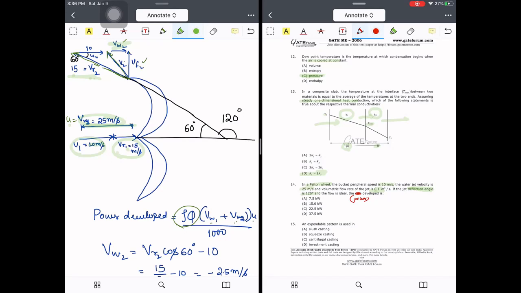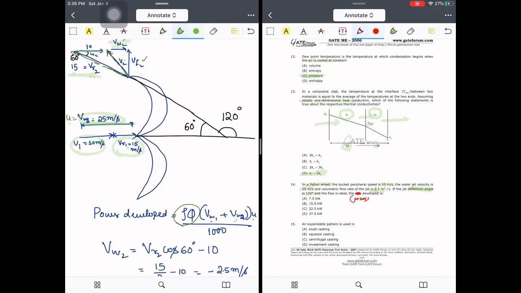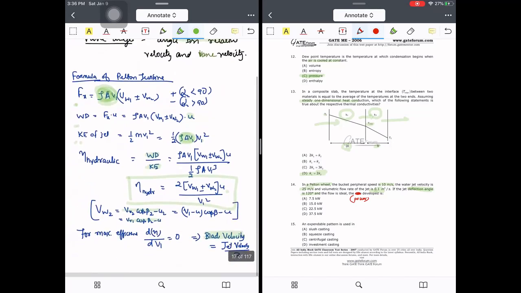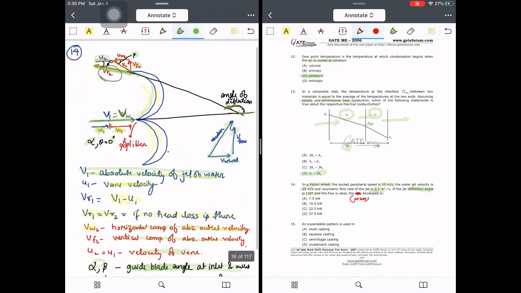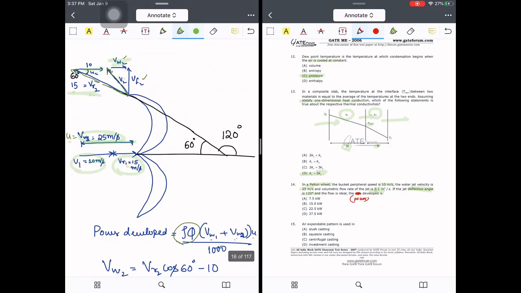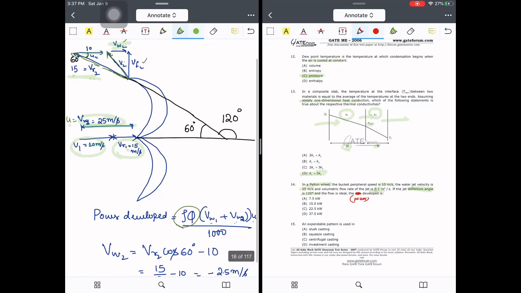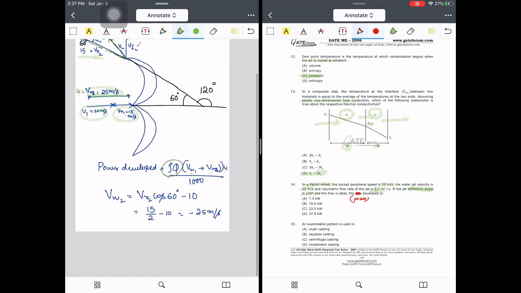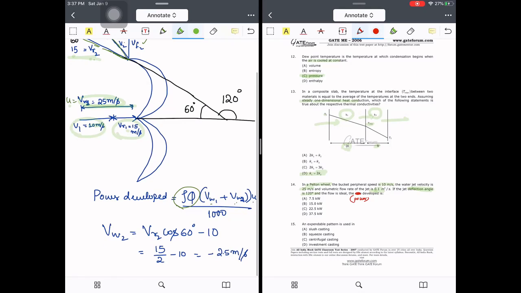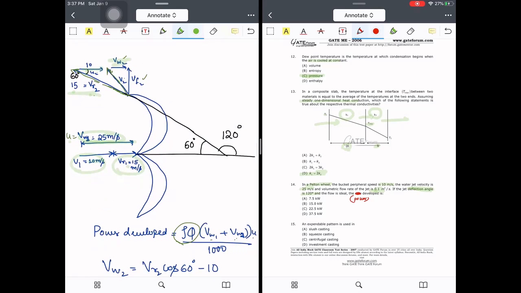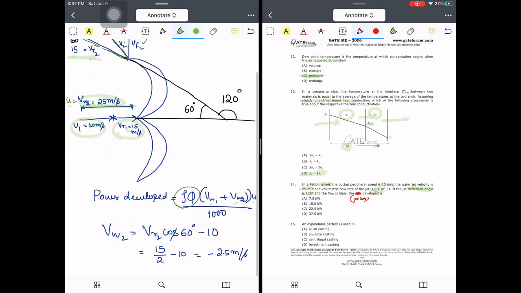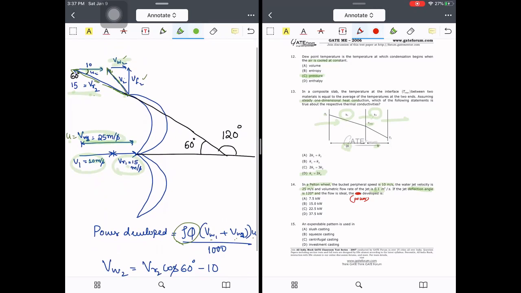We know that there is no head loss and no friction acting, so vr2 will be the same as vr1, that is 15. From here we can calculate the corresponding angle, and once I calculate it, we can get the corresponding value of v2 also.